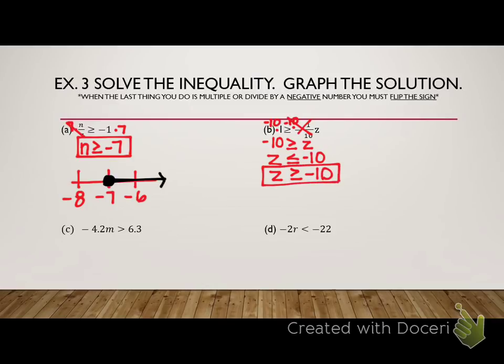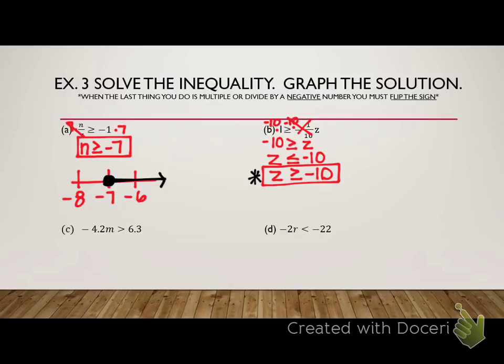So this is one of those problems where we have to flip the sign. Let me go over again why we did that. In order to get z by itself, I had to multiply both sides by a -10. Since that was the last thing I did to solve the problem, that means I have to flip the sign in my final answer.